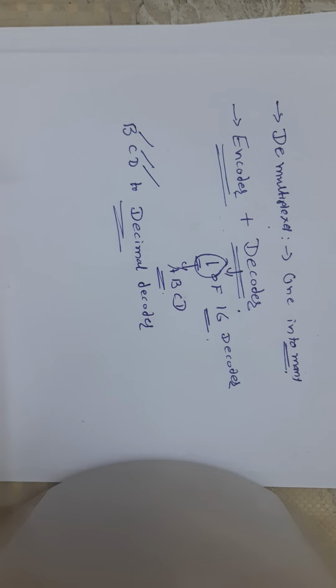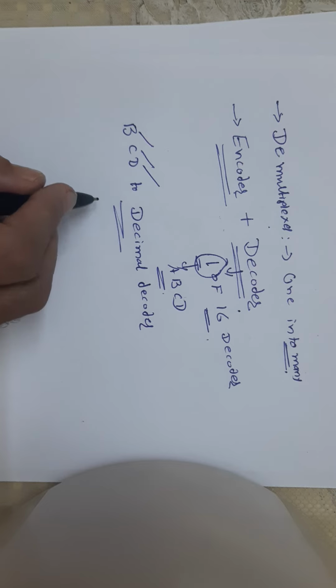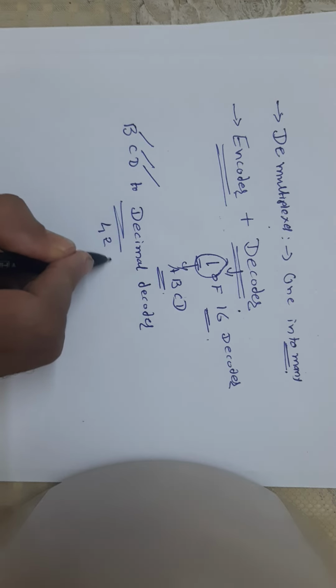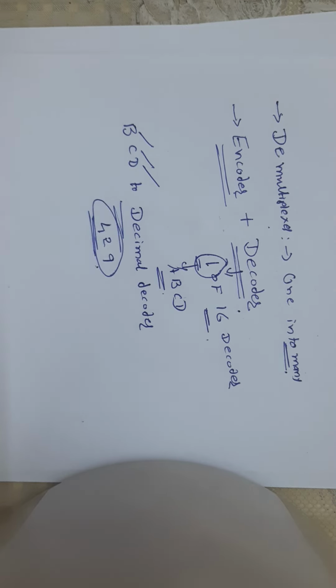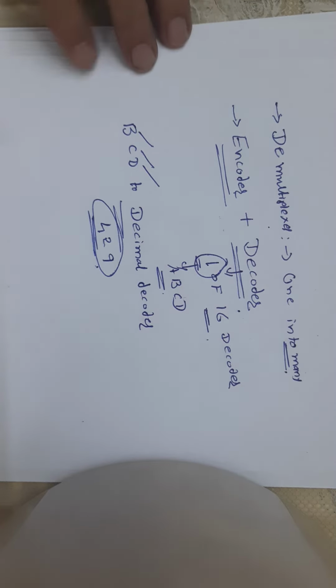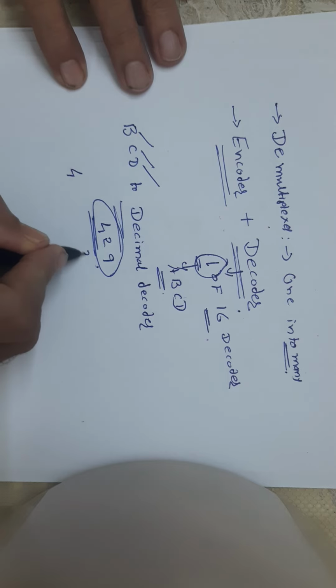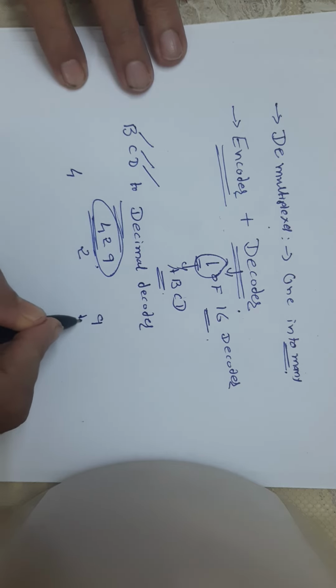For example, the decimal number 429 is changed to its BCD form as follows. We want to change this number 429. The binary equivalent of 4 is 0100, of 2 is 0010, and of 9 is 1001.